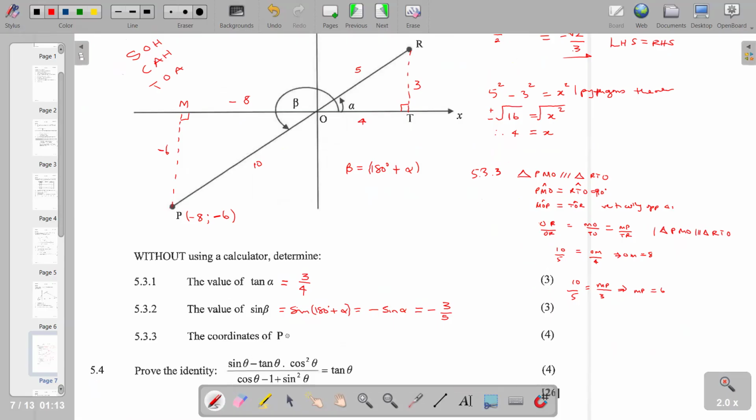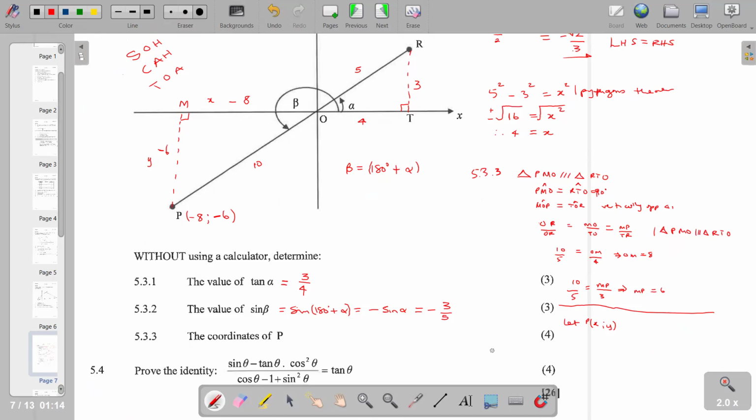We want the coordinates of P. Let the coordinates of P be x, y. So here it will be x, here it will be y.